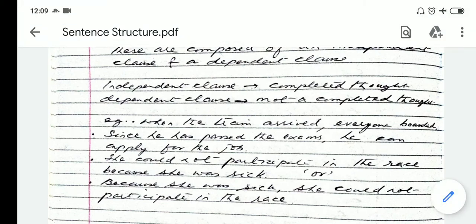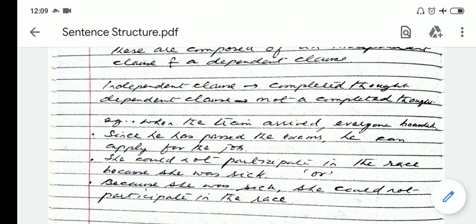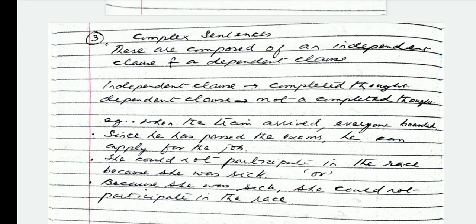When the train arrived is a dependent clause. Since he has passed the exams is a dependent clause. But she could not participate in the race is an independent clause, because she was sick. This is the dependent clause. So it is a complex sentence because it has a dependent clause and an independent clause.